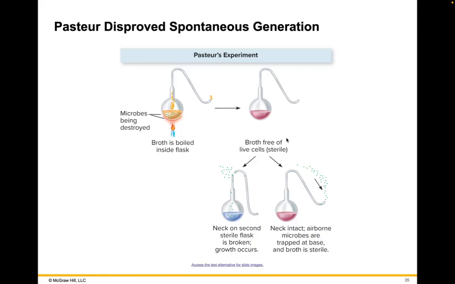And so here he showed like that if you broke the neck off, that growth will occur. But as long as you trap the microbes in the base here, like I mentioned, air can flow here. It's not air that's causing the broth to go bad. It's actually microbes in the air.